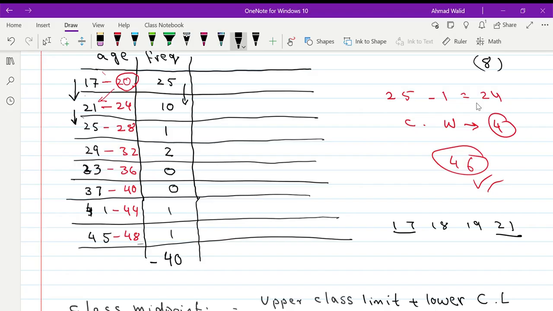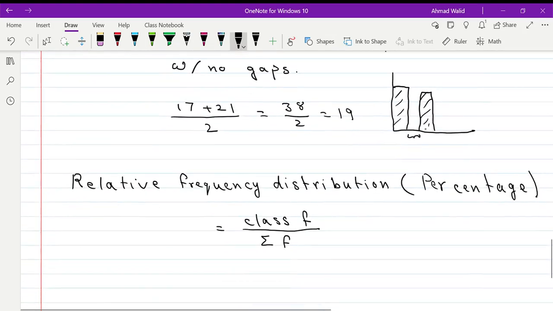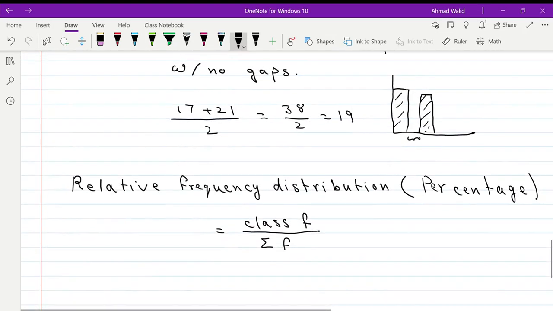That is the sum, the sigma sign, a Greek letter that means sum. This is the sum of frequencies, which is 40, or in your book maybe it shows as n, the number of frequencies. Some professors say class frequency divided by n.